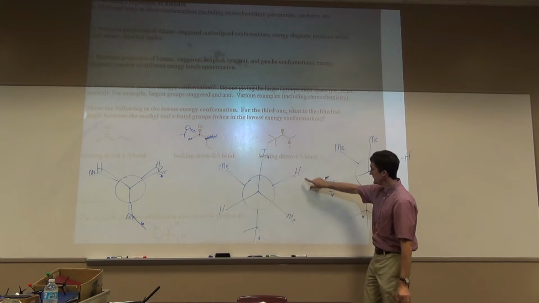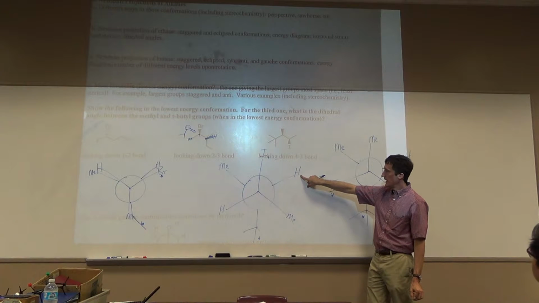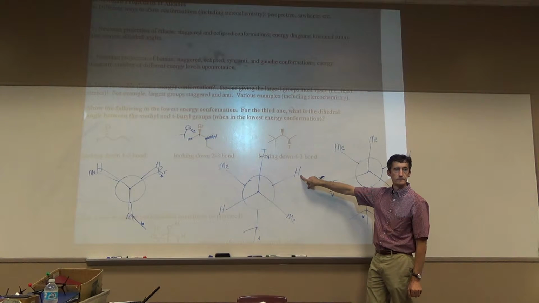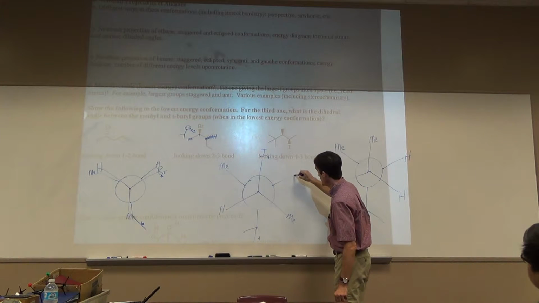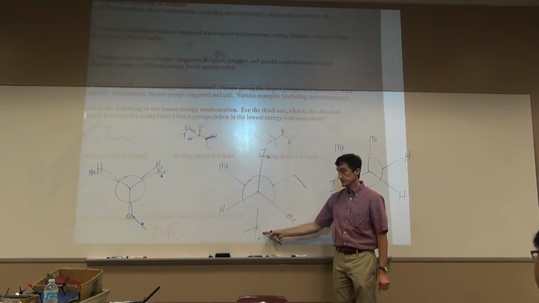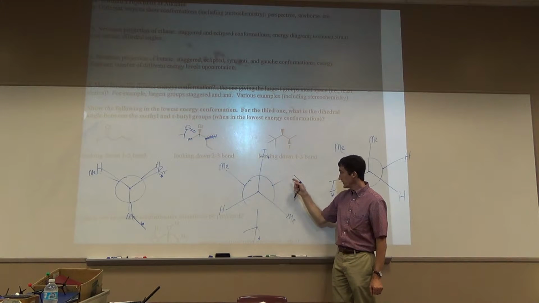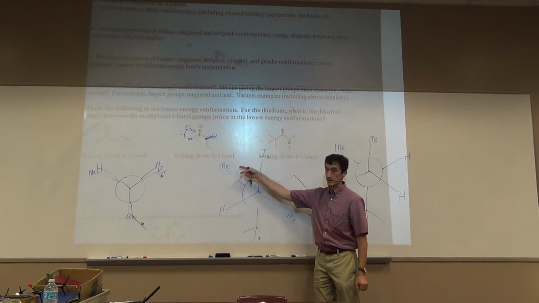Let me ask you something. If this H was an ethyl group instead, would you want to show a different conformation, or would you just have the ethyl group? Right. If this was ethyl, it would just be there, because the T-butyl is still the bigger group. You wouldn't put the ethyl down here and put the T-butyl next to the iodine.